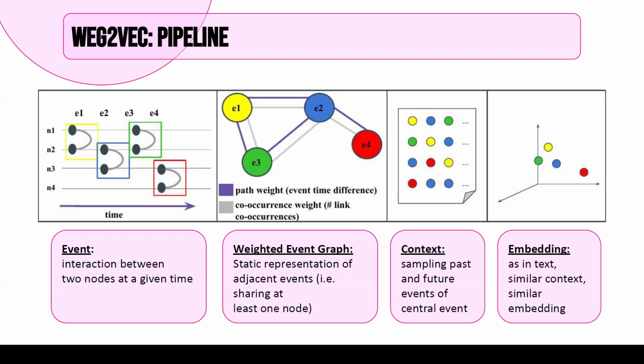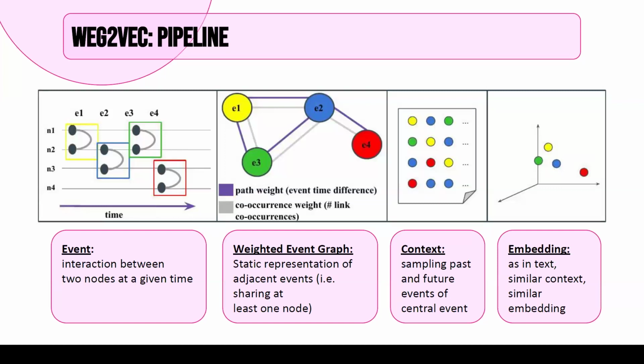And to do so, we use as nodes the events previously described, and we put a link between events if the events are adjacent or are sharing at least one node, as I wrote there. And once we had this static representation of the temporal network, we could embed it using word-to-back, basically.